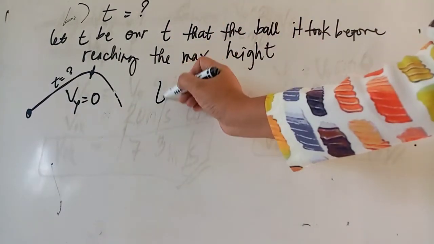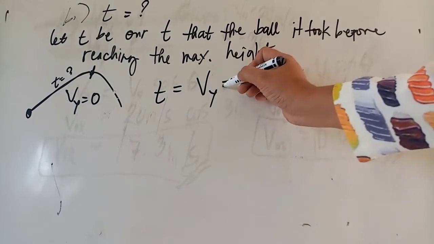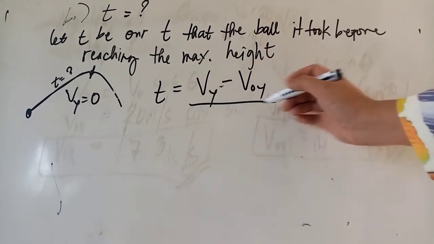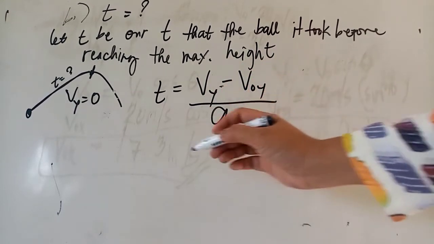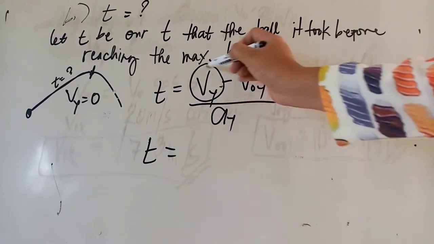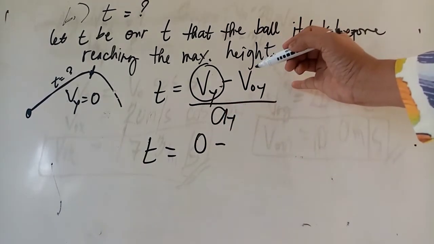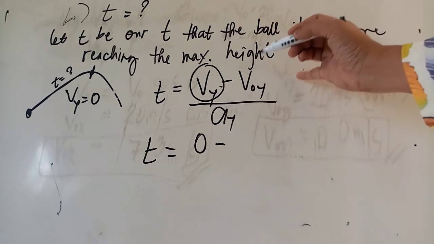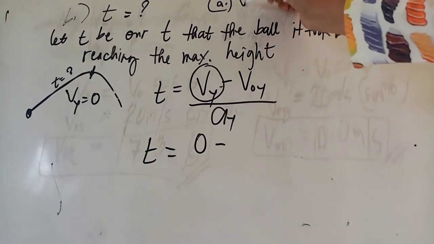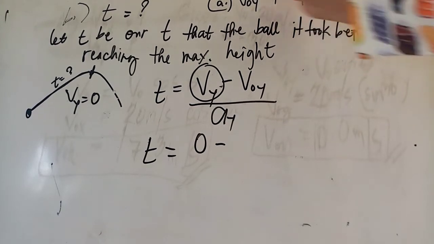Therefore, our time is equal to v sub y minus our initial velocity in y over our acceleration in y. Thus, we know that v sub y is equal to 0 minus our initial velocity in y. From letter A, we know our initial velocity in y is equal to 10 meters per second, if you could remember.